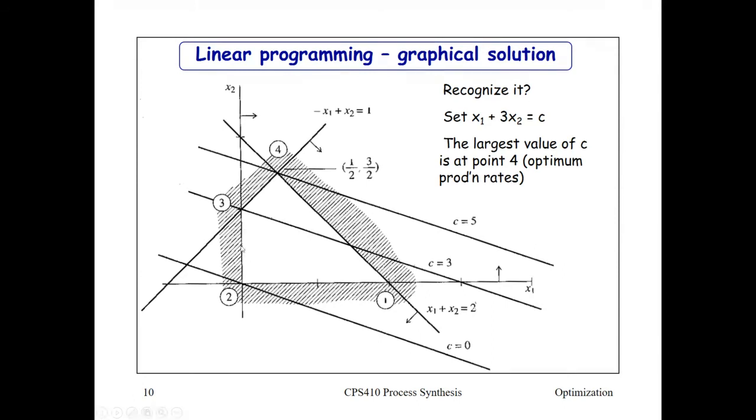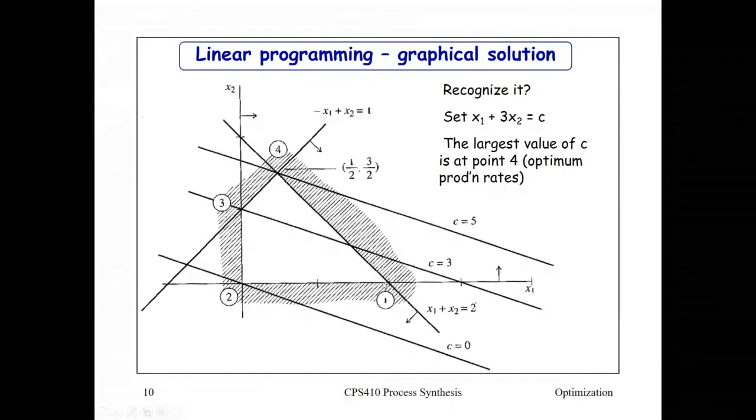That's in this white section. And of course, x1 is greater than 0 is going from this line to the right, and x2 is greater than 0 is going from this line upwards. So all of these things are correct. That this is the allowable region.